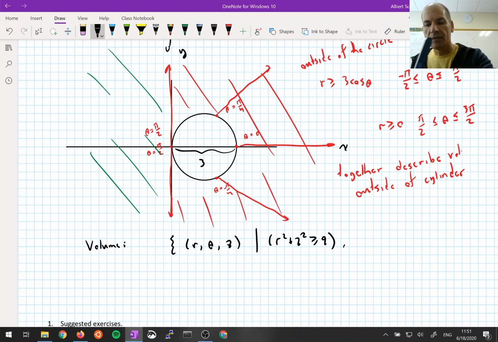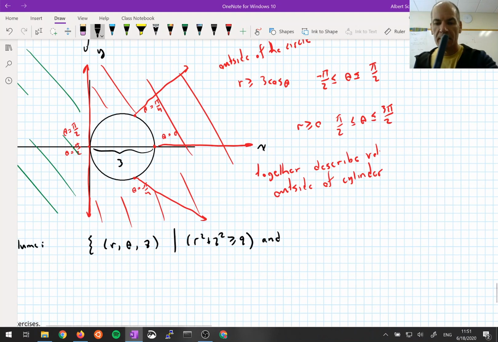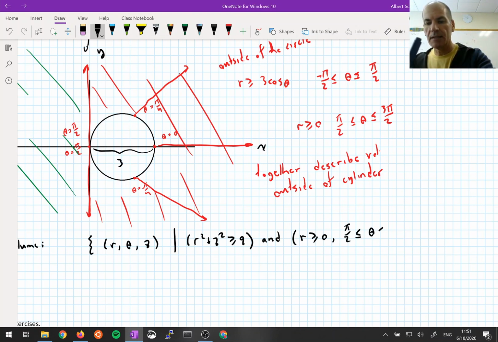The second condition, and I'm going to put an and here, the second condition is that r be greater than or equal to 0 for pi over 2 less than or equal to theta less than or equal to 3 pi over 2. That describes the green part, the left part.